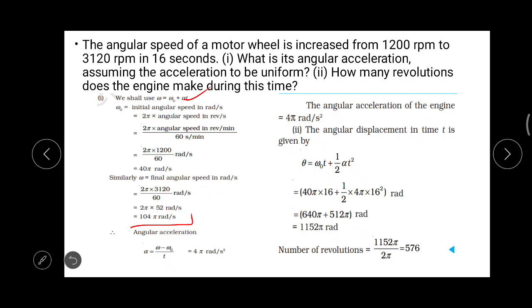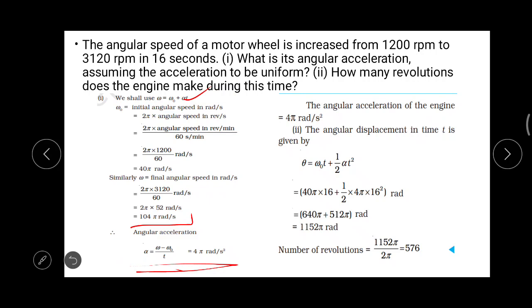So alpha will be 104 minus 40 divided by 16, so the value will be 4 pi radian per second square. So the angular acceleration value is 4 pi radian per second square.